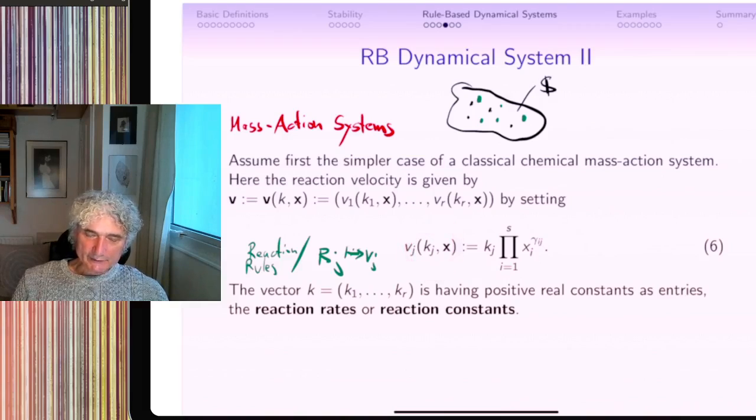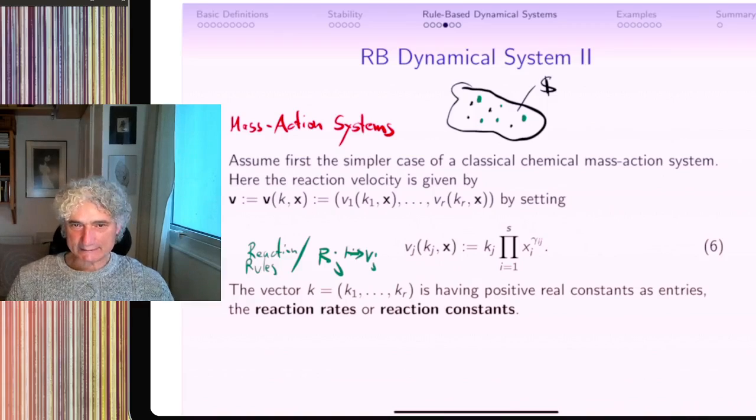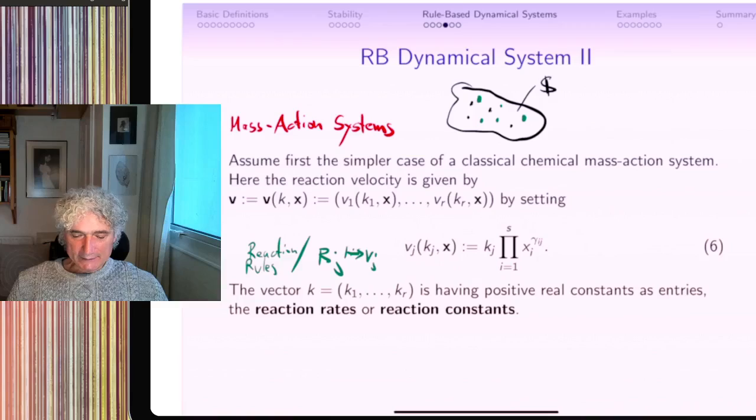So we take the reaction constant Kj times now the product, so that is i goes from 1 to S. We have S many different types, or chemical species, in a reaction system, for example. And here we take the concentrations of each species xi, we have defined this in the previous slides, to the power of the stoichiometric coefficients in rule Rj of the source side of the rule or reaction.